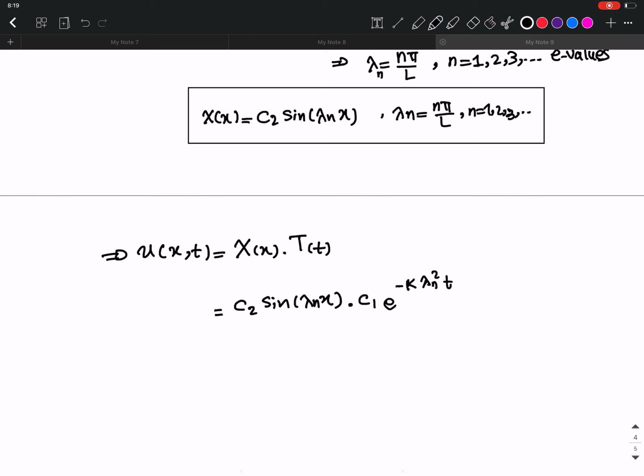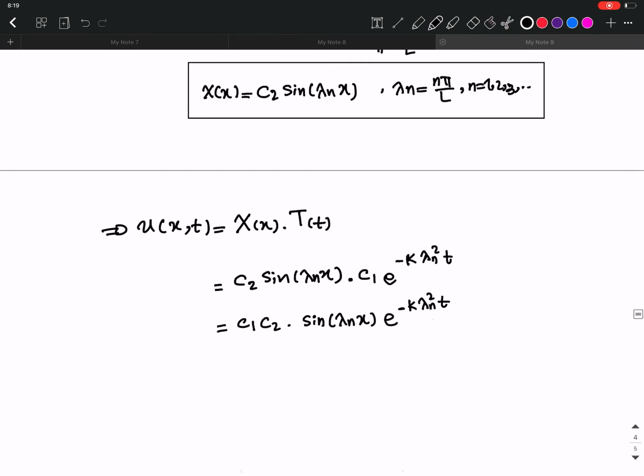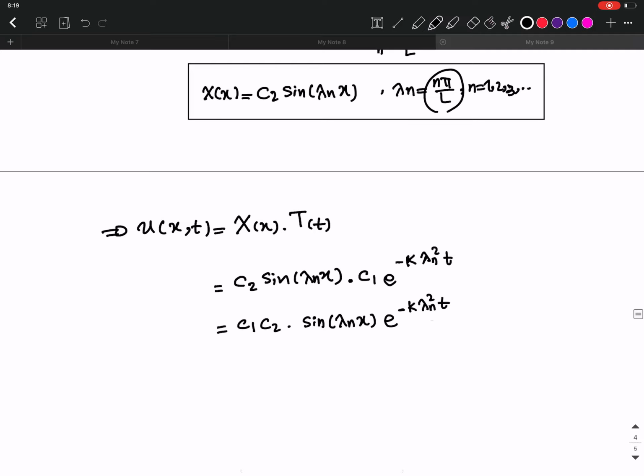Okay, so now I'm going to write this down as c1 times c2, taking the constant to one side, sine lambda n x times e to the minus k lambda n squared t. So now instead of lambda n, I'm going to write n pi over L here.